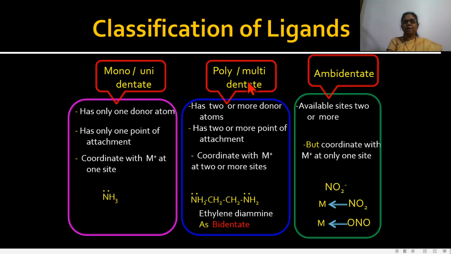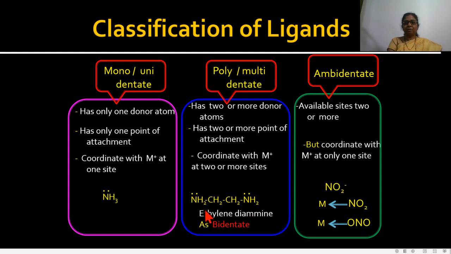Then polydentate ligands have two or more donor atoms. They have two or more points of attachment and coordinate with the central metal ion at two or more sites. For example, ethylene diamine. In ethylene diamine there are two donor atoms, the nitrogen atoms, which have the electron pair.